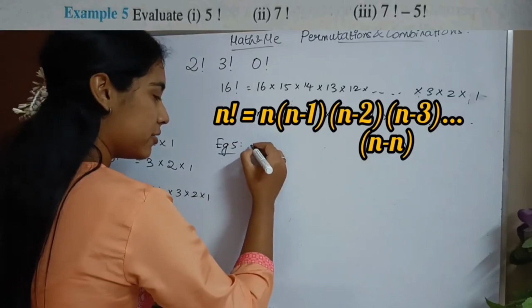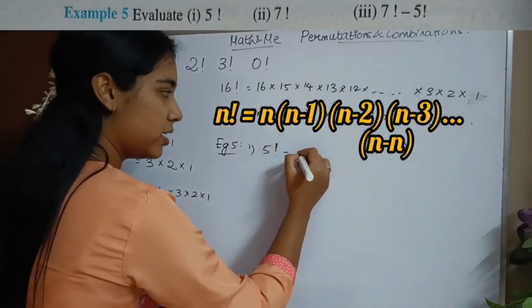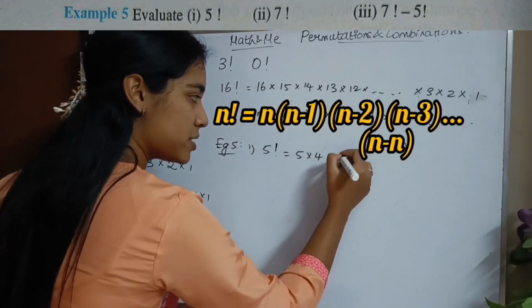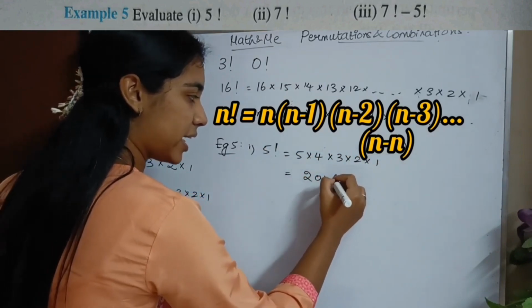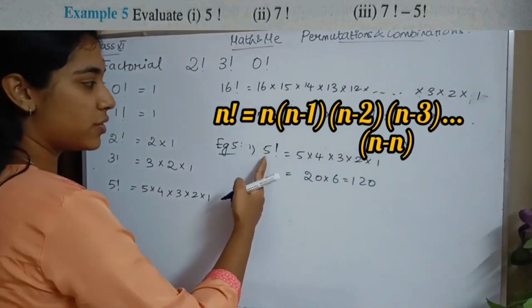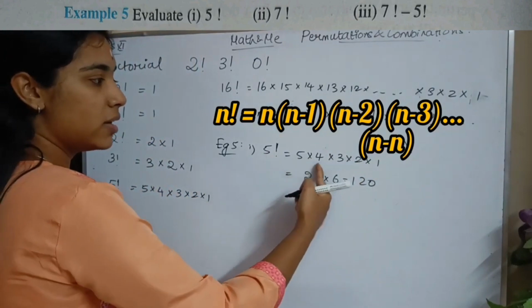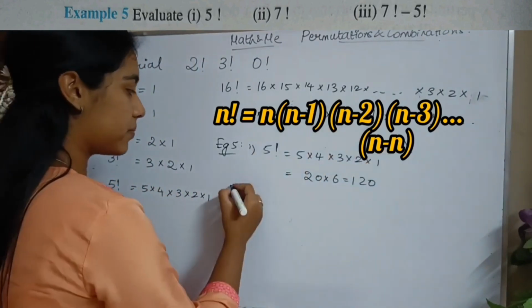Example 5, first subsection, 5 factorial. What is 5 factorial? 5 times 4 times 3 times 2 times 1. So it will be 20 times 6, which is 120. Basically the multiplication of the number starting with n, you have to go on decreasing the number.